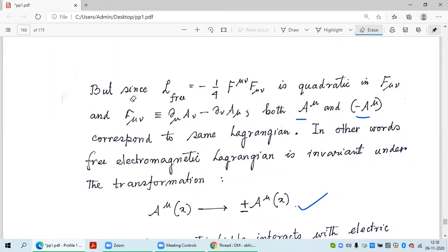For the photon, all quantum numbers are 0. For spin, I can't say what it is from this intuitive argument. I don't know what the spin of this particle will be. For a scalar field, I can surely say it is 0 because it has no feature at all. A mu has some feature. Some feature means it has 4 components which transform in a particular way under Lorentz transformation.